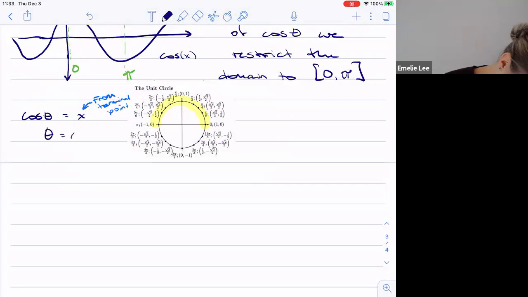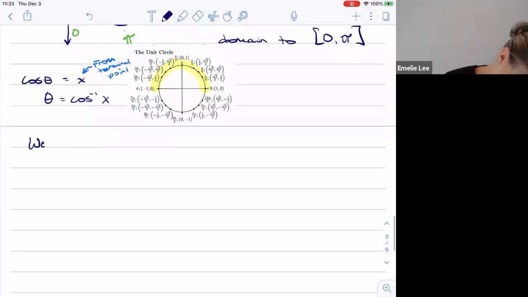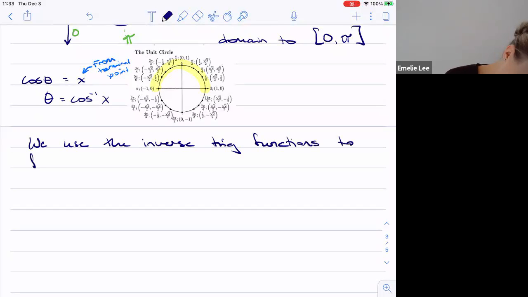So theta must be the inverse cosine of x. So we use these inverse functions to find angles. We use the inverse trig functions to find angles, theta.